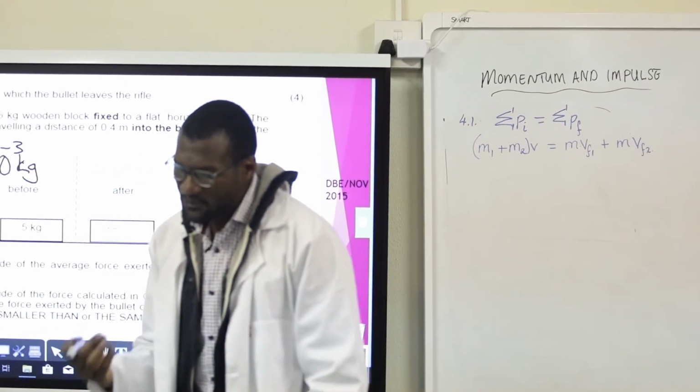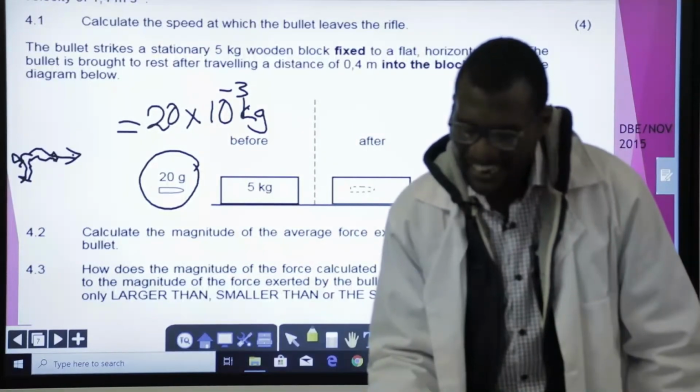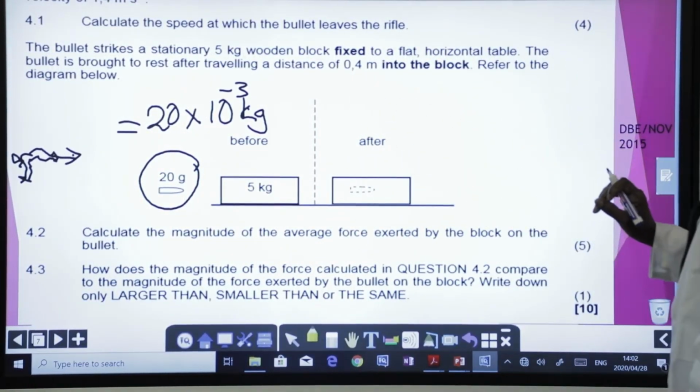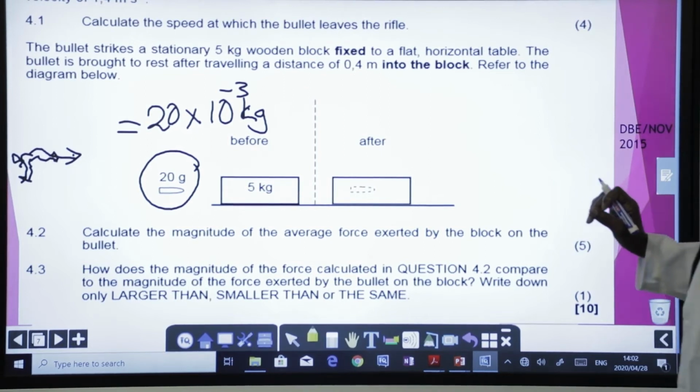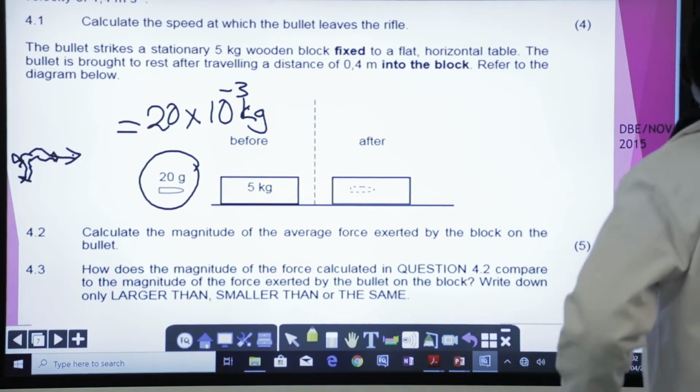Now, what is it that we know in this particular instance? The question is clear in letting us know that initially, before firing, everything is at a standstill.